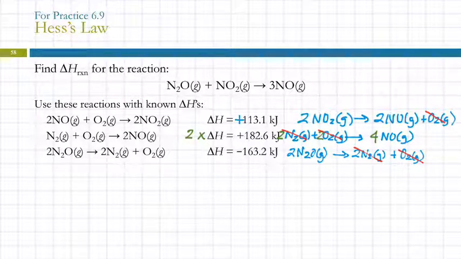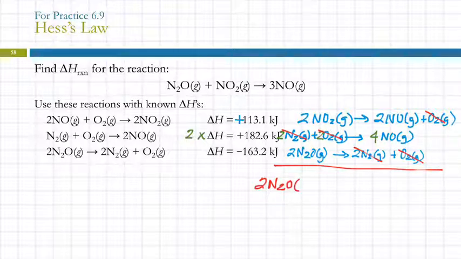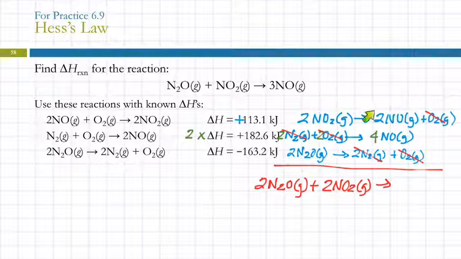So let's add these together so that we can see what we've got going on here. So I have 2 N2O gas plus 2 NO2 gas, and that's going to make, over here I've got 2 NO and 4 NO, so that's a total of 6, right?